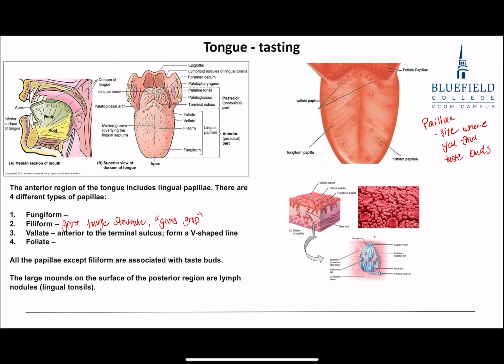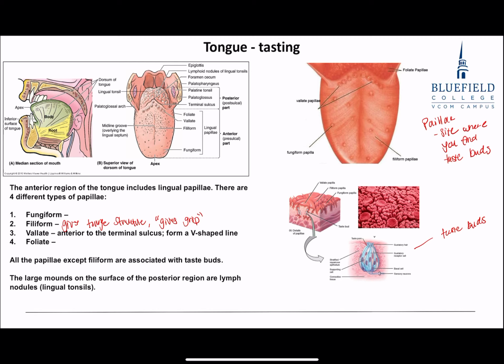But this is actually a taste bud. So each of the papillae will have numerous taste buds. Some people will get confused and think the papilla themselves are actually the taste buds. That's just the location of the taste buds.